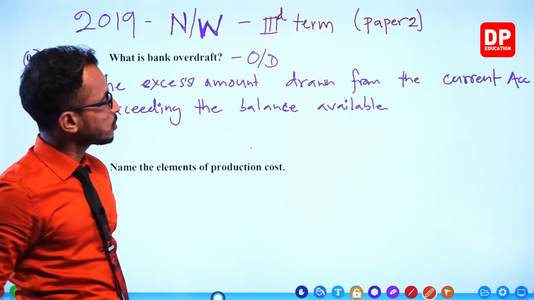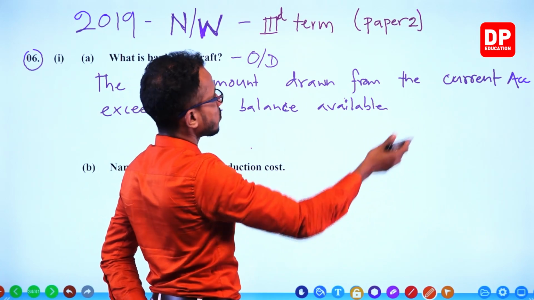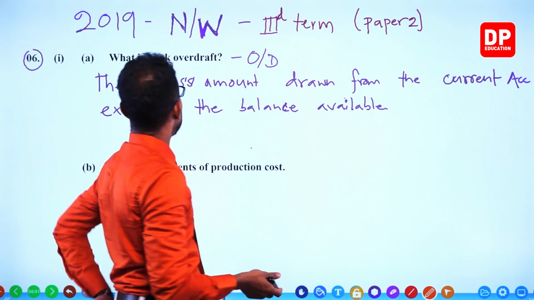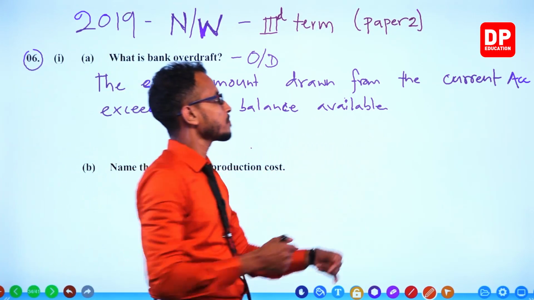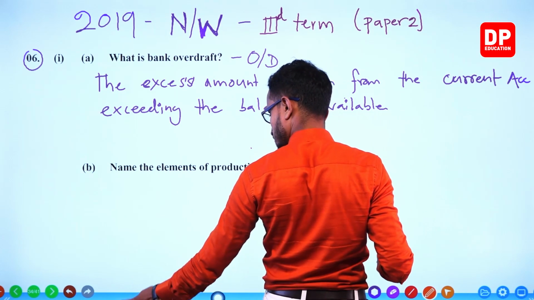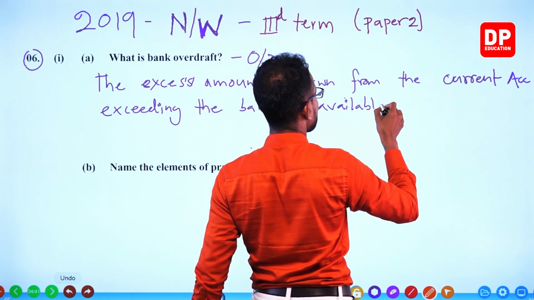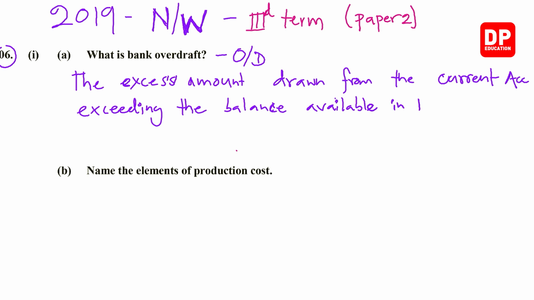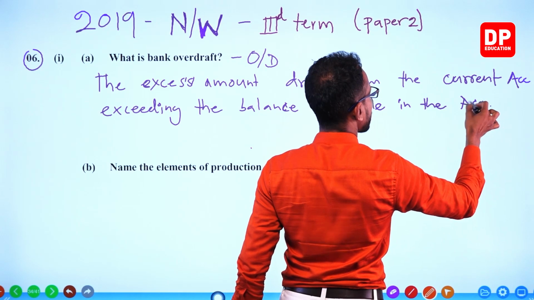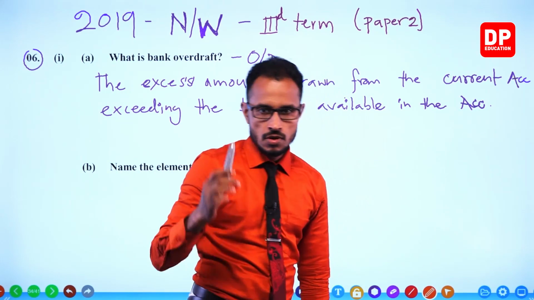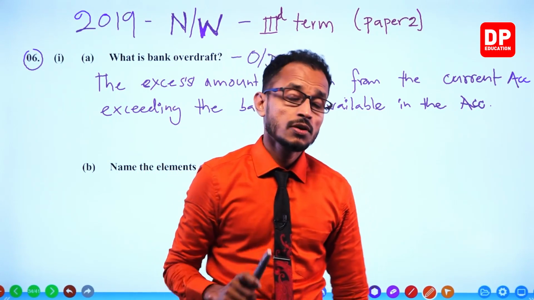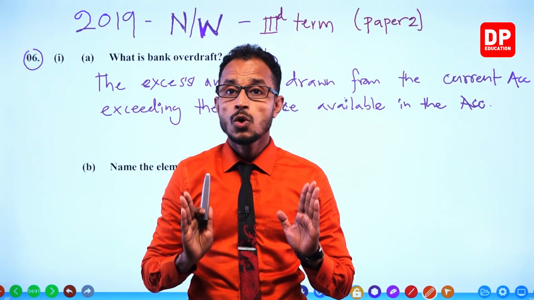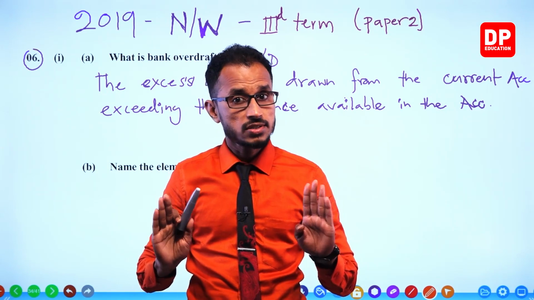The excess amount withdrawn from the current account exceeding the balance available in the account using checks. Overdrafts are given to current accounts only, not given to any other account.